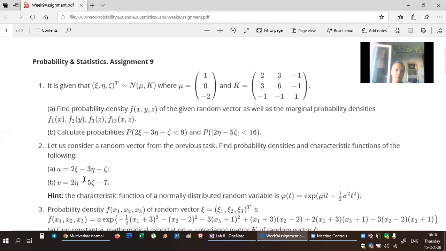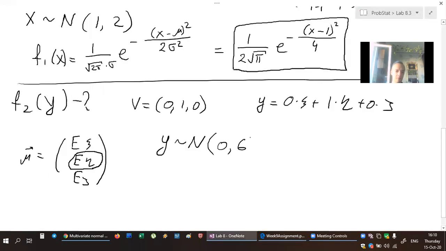It's here in the very center. So here 6 is equal to variance of eta, right? It's covariance eta eta, which is variance. So as you see, slightly faster, we understood what is the random variable we deal with.